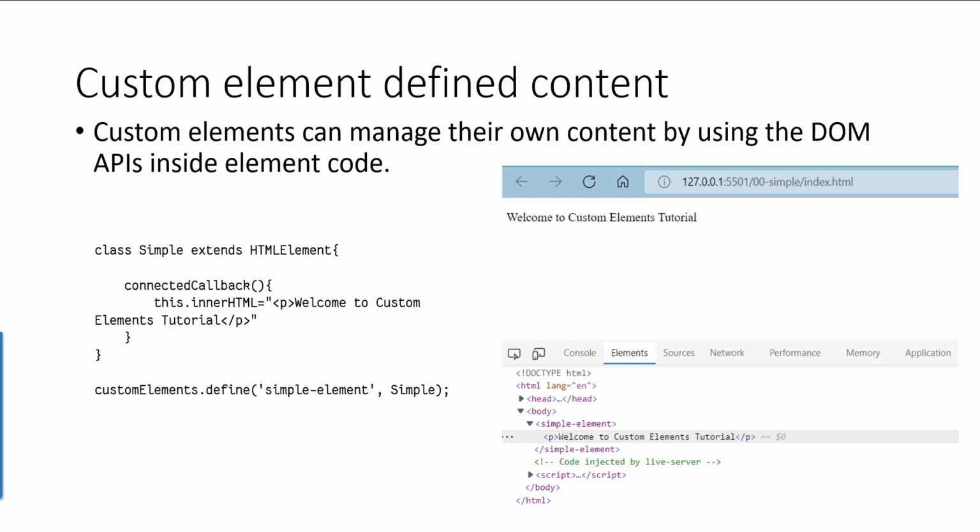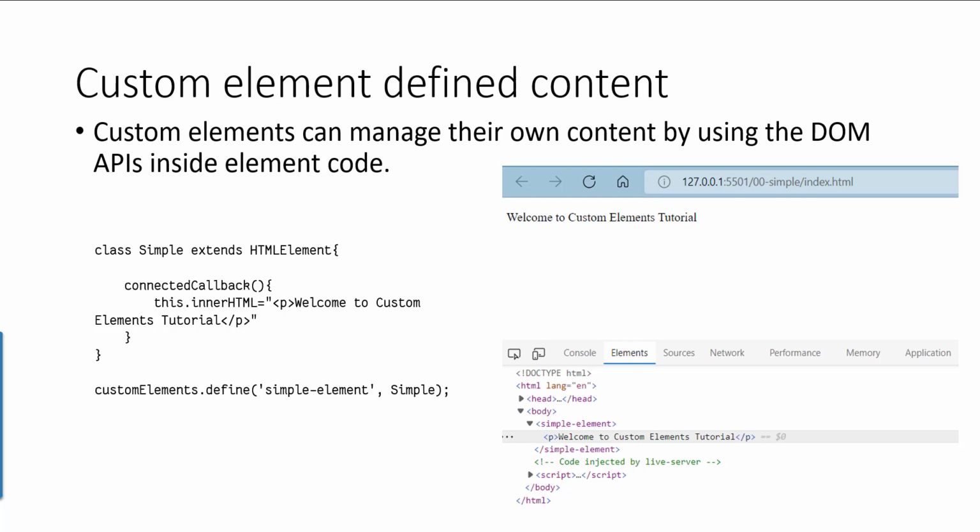As you can see, we have a very simple HTML element, a simple class that is extending the HTML element, and we have defined a simple logic inside the connected callback reaction, which is a lifecycle hook method for components. So the inner HTML of the component is defined with a simple paragraph, a welcome message. So when we render this custom element inside the browser, you can see it generates the output within this body.